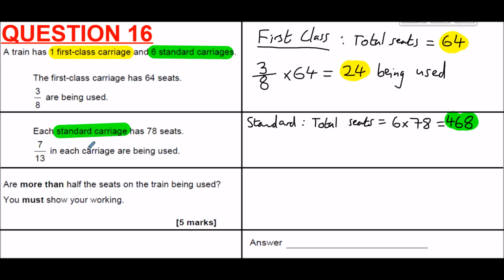Just thinking about these standard seats, it says 7/13 in each carriage are being used. So of these 468 standard carriage seats, 7/13 of those are being used. So it's that fraction of the 468 which we need to work out.